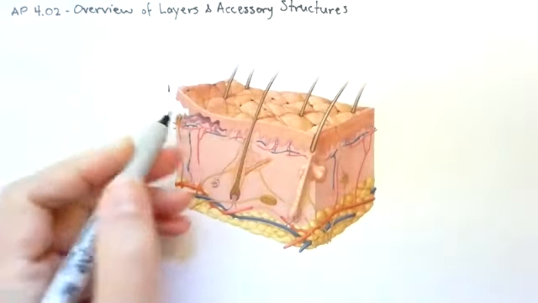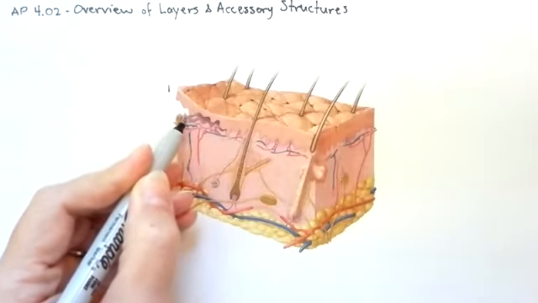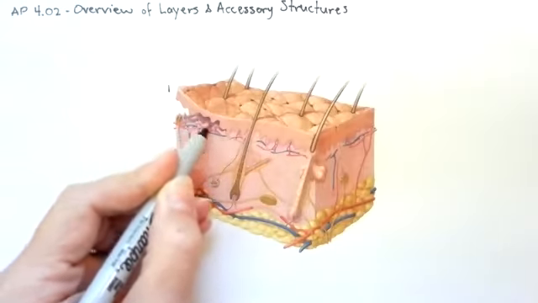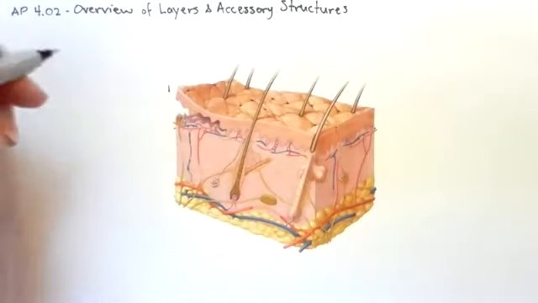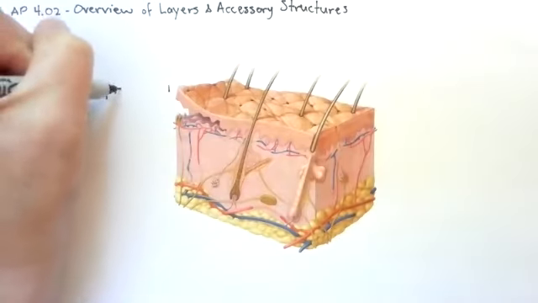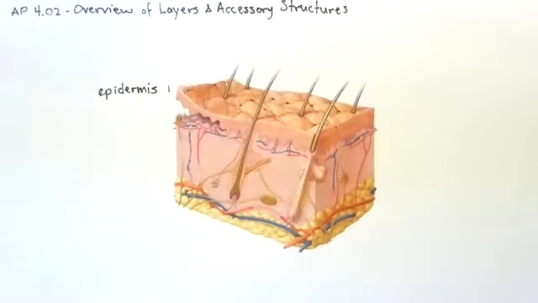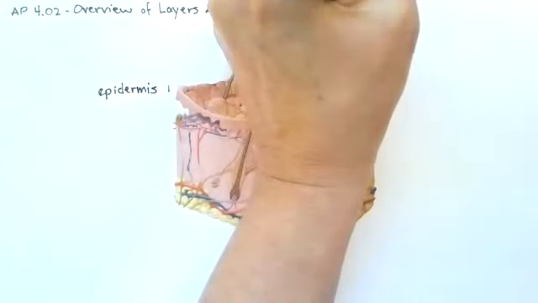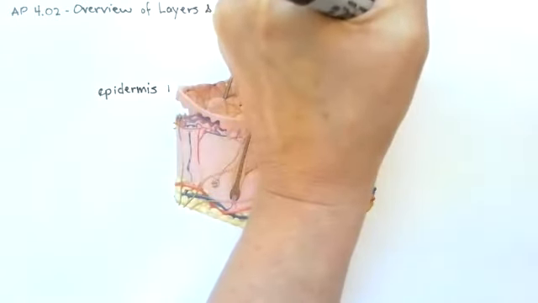So we have layer one, and on this side, they've pulled it up so that you can see the top of the second surface and the bottom of the first. The top layer we call the epidermis. We have two terms for skin: dermo and cutaneo.